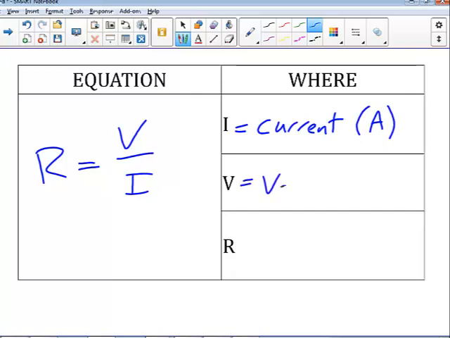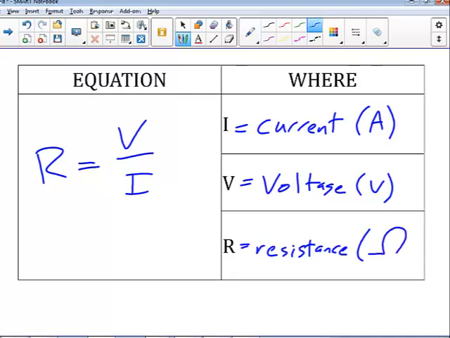V stands for voltage, and we measure that in volts. Now R is a new one too. That one is resistance, and that's measured in ohms. Now we draw the ohm symbol the same way you draw the Lululemon symbol. And the way it's pronounced is O-H-M, ohm.